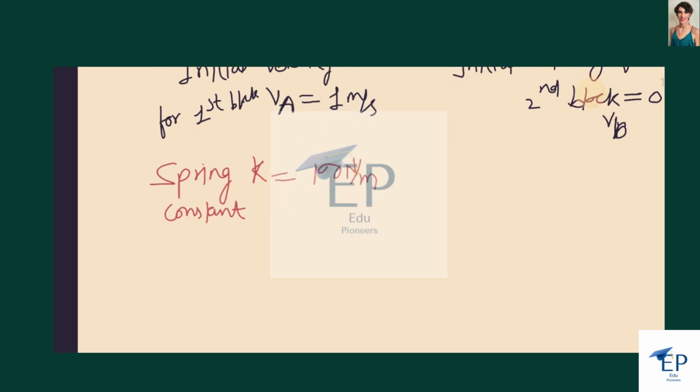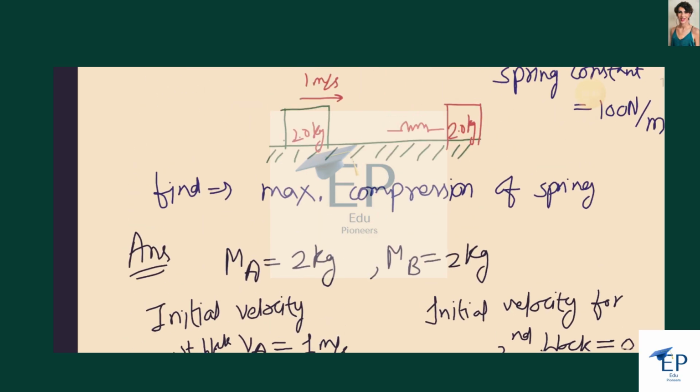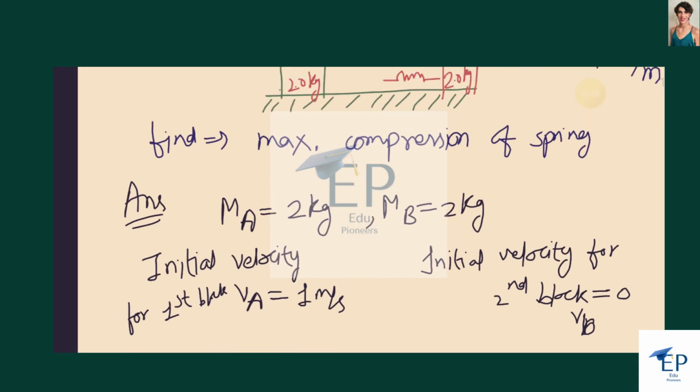Now as you see in the figure, the first block moves with 1 meter per second in this direction and collides with the second block, which is initially at rest.